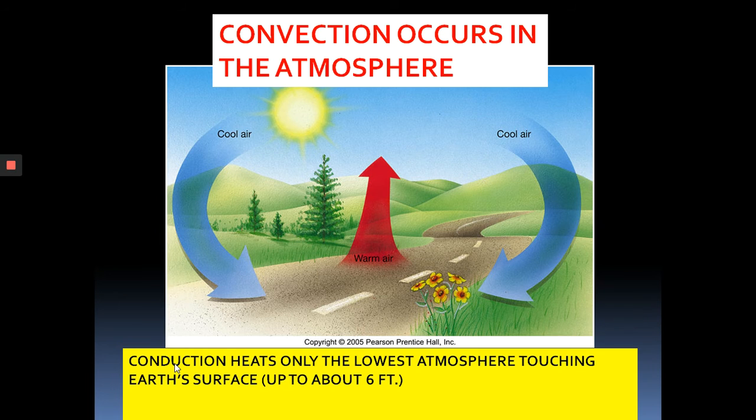When the heat energy reaches the very surface level of the Earth, it makes the molecules vibrate or collide into each other, so the heat energy is transferred. But again, this only works up to probably 6 feet above ground level. Beyond that, convection causes the air molecules to actually move and carry the heat energy with them.